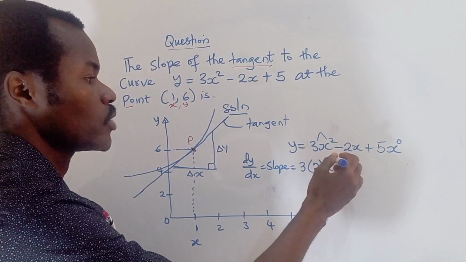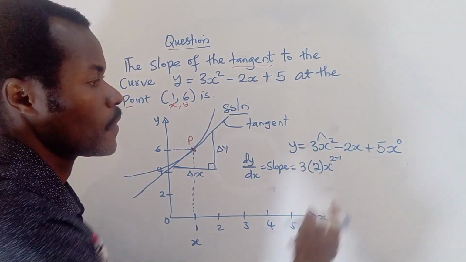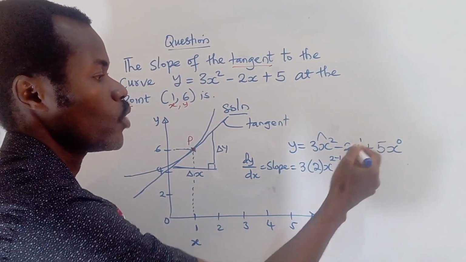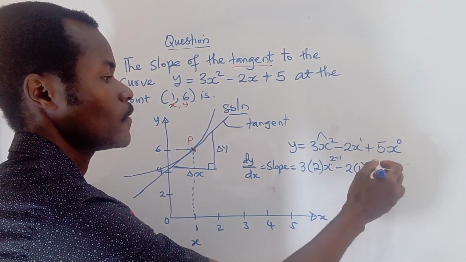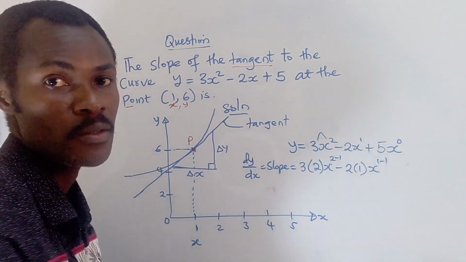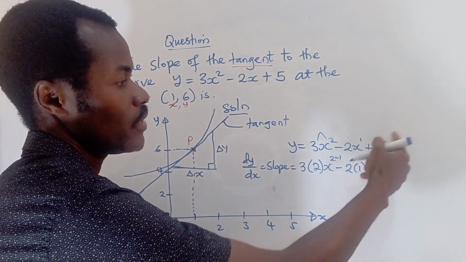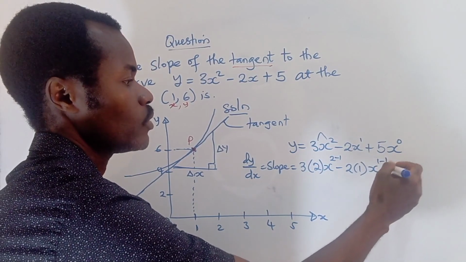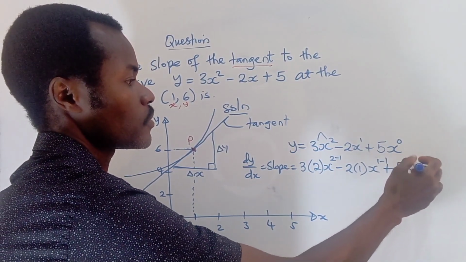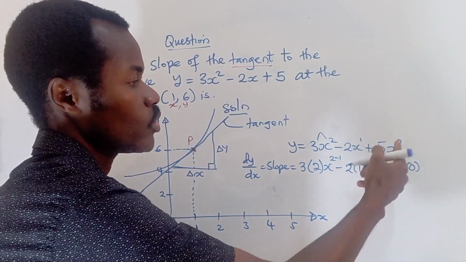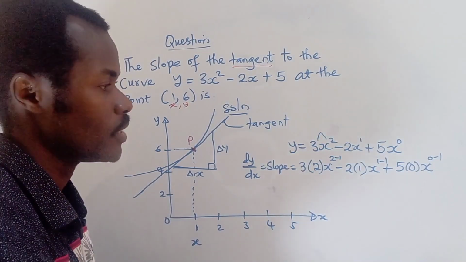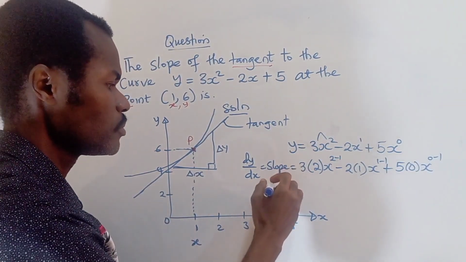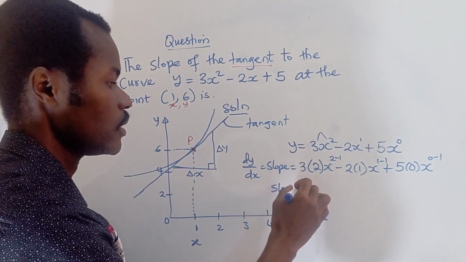Now for this, we have power 1, so 1 will come down to multiply 2, and we subtract 1 from the power. Now for this, 0 is going to come down to multiply the 5, and we subtract 1 from the power.